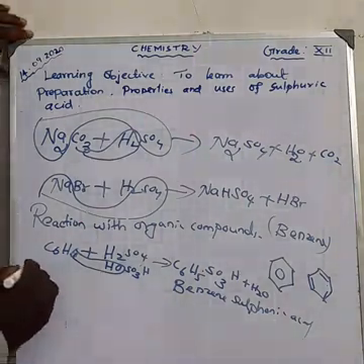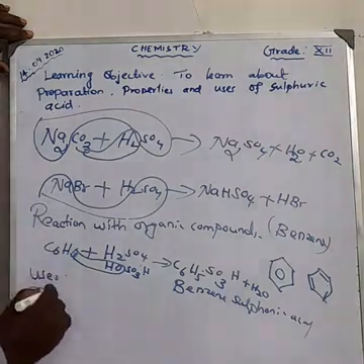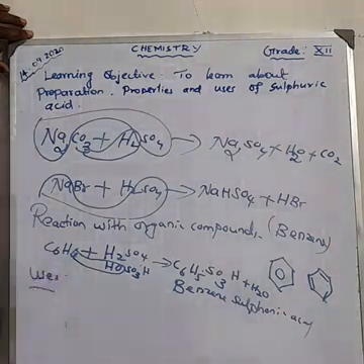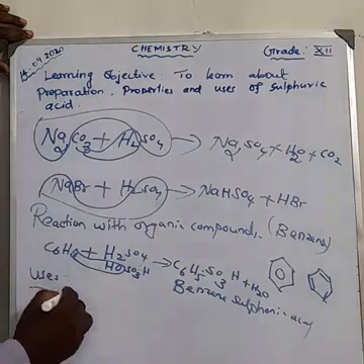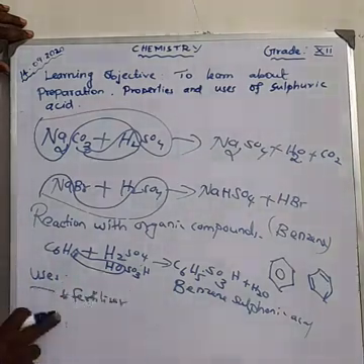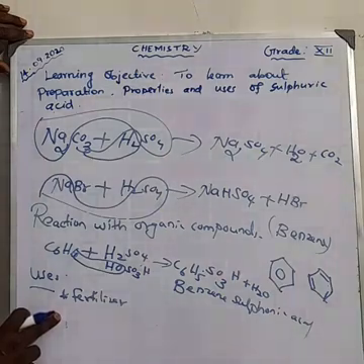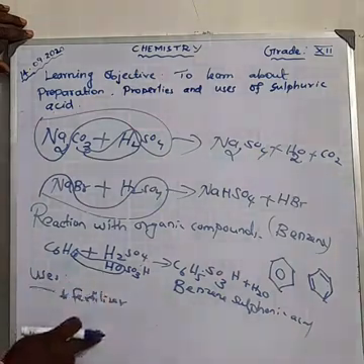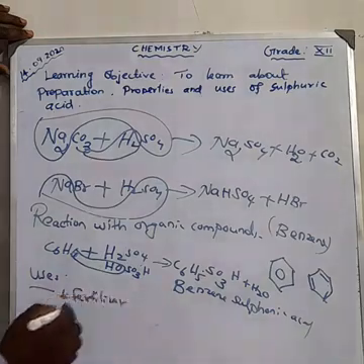The uses of sulfuric acid. The first use is the manufacture of fertilizer, for example ammonium sulfate, superphosphate.